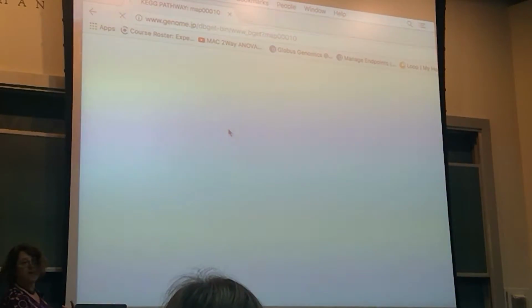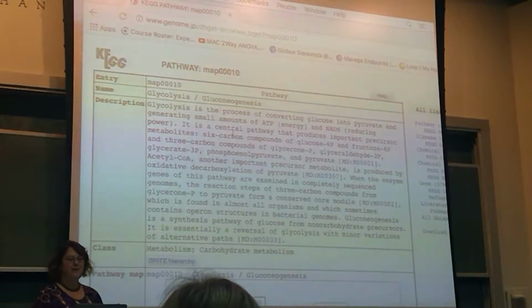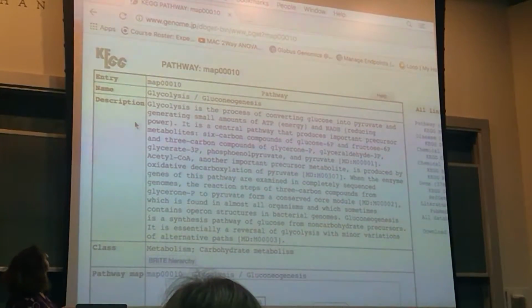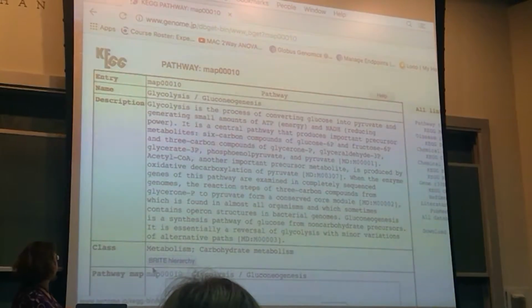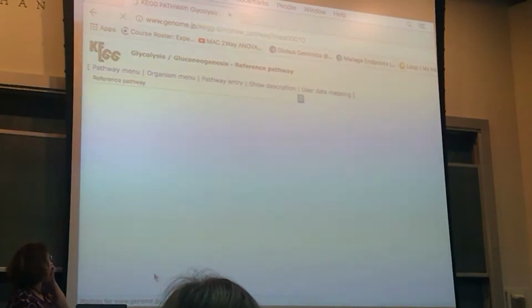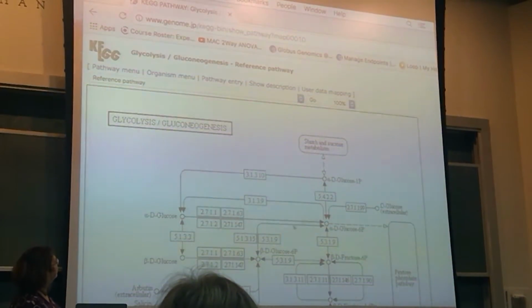So you can type in the pathway you're interested in, it'll come up. And then what's really cool about it, pathway map, is it'll show you the whole thing.